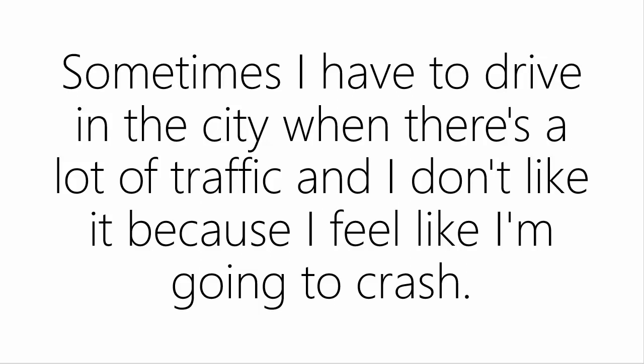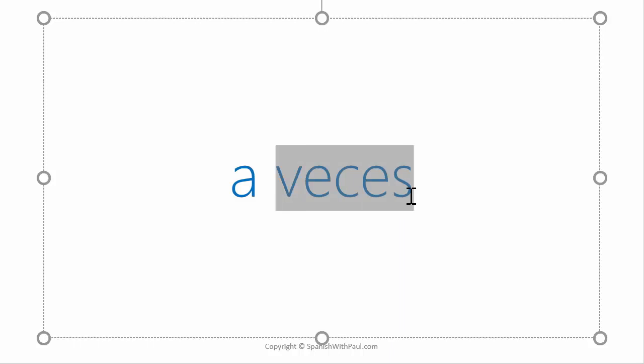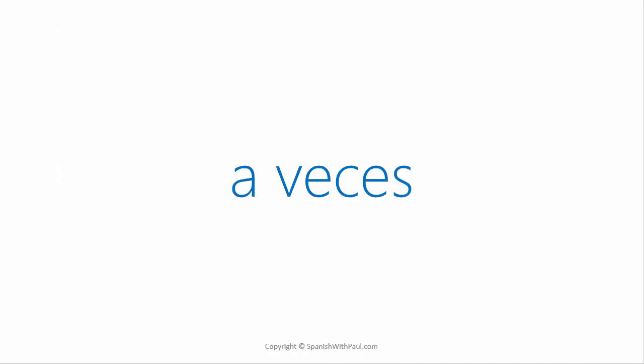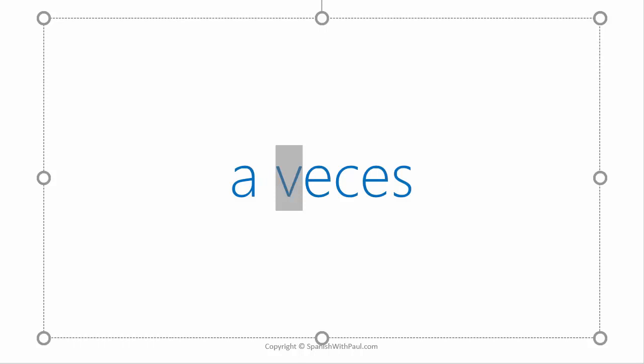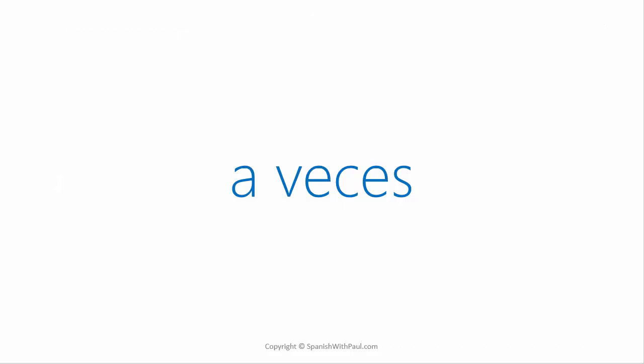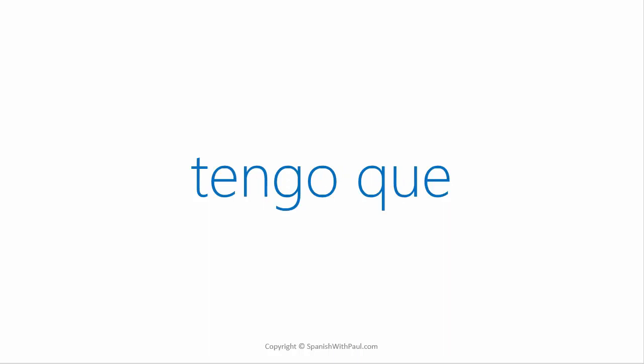Do you remember the word for sometimes? A veces. Literally, it means at times. But we can also use it for sometimes. Notice that we have a strong B sound over the V. So the sound is veces. A veces. How do you say I have to? Tengo que.